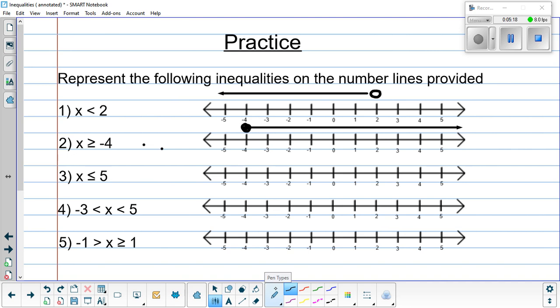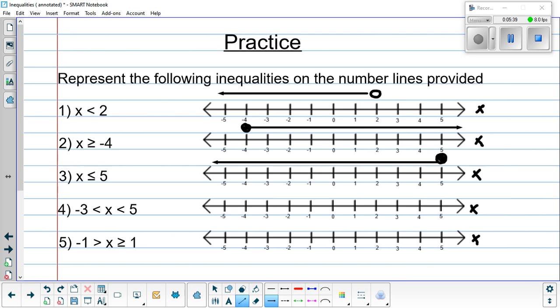One thing I'm going to do for all of mine right now is make sure to include my labels. That way I do not forget and get penalized at one point. Here, our value is 5. It has an equal sign, so we shade it in, and it says we're less than. So we're going to go all the way to the end and keep going.